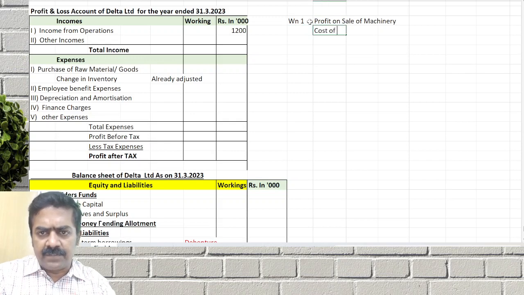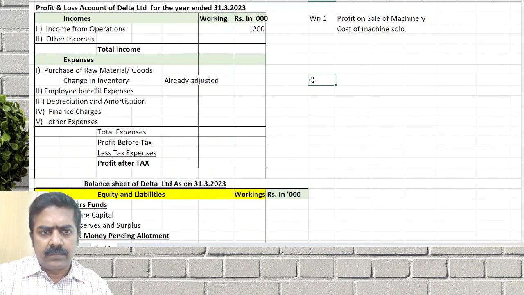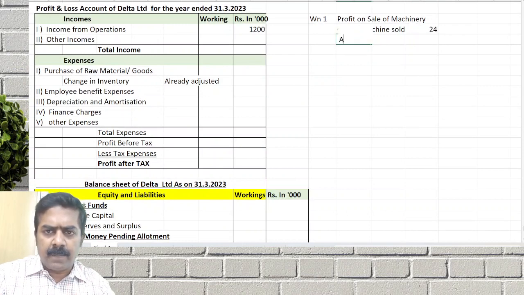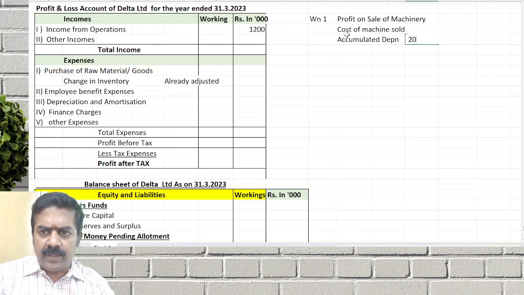Cost of machine sold 24. Less accumulated depreciation 20, book value 4.